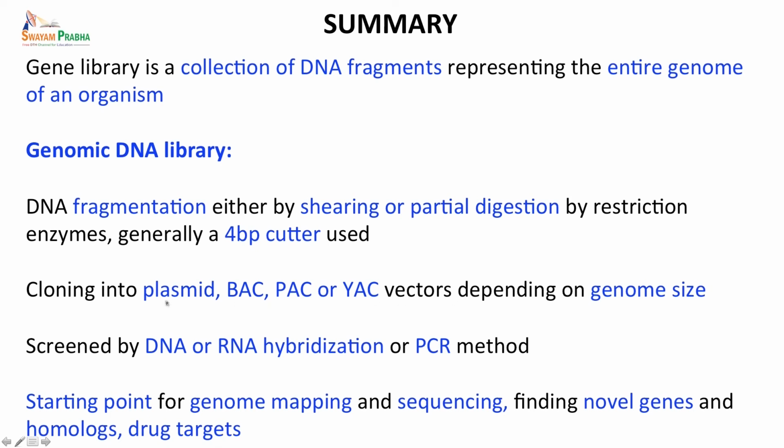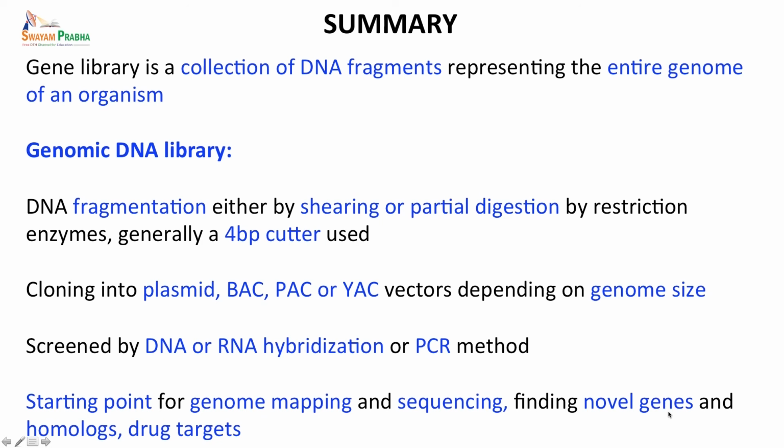And of course, the choice of the cloning vector will depend on the genome size. The screening of the genomic DNA libraries can be done either by DNA or RNA hybridization or by PCR-based methods. And genomic DNA libraries are very, very useful for genome mapping and sequencing of the genomes, for finding novel genes.